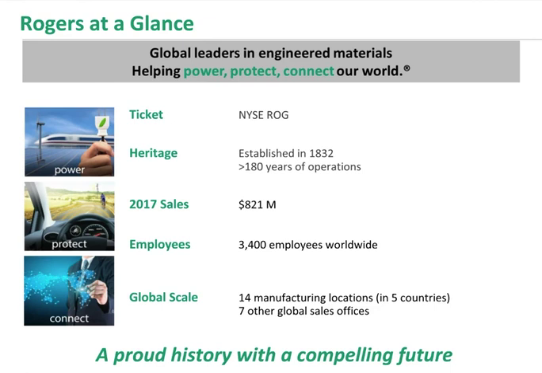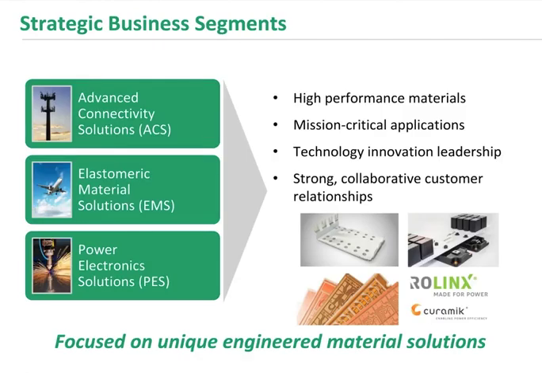Basically, what I would like to say is that the company is focusing on delivering really technology products, and within Rogers we have different divisions. Very shortly about the 3 divisions that we have. One of them is Advanced Connectivity Solutions, and this is where we are manufacturing high-frequency laminates and prepregs.